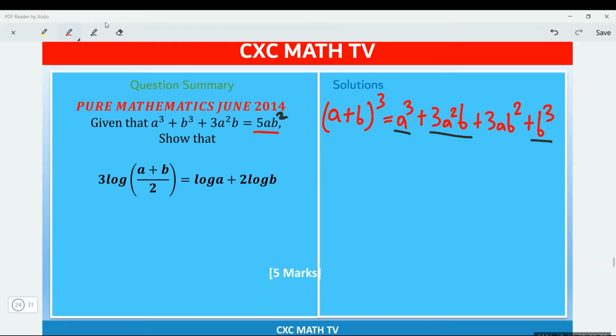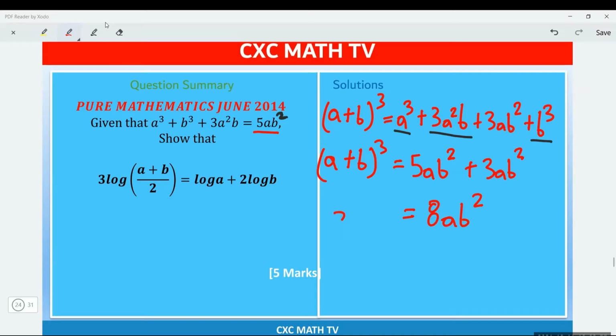That part together adds up to be 5ab squared. That's what they said. So what we're then saying is that (a plus b) all cube is going to be equal to 5ab squared plus 3ab squared. Now we're nice because 5ab squared plus 3ab squared is 8ab squared.